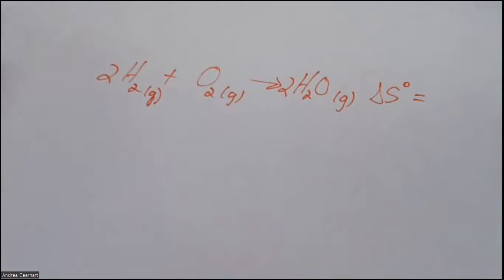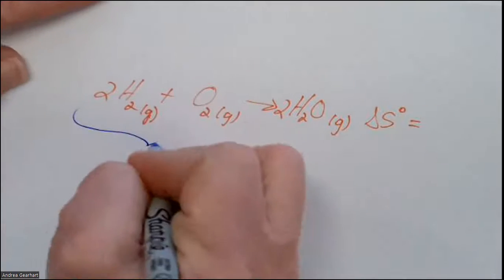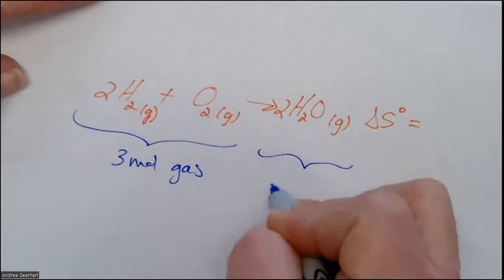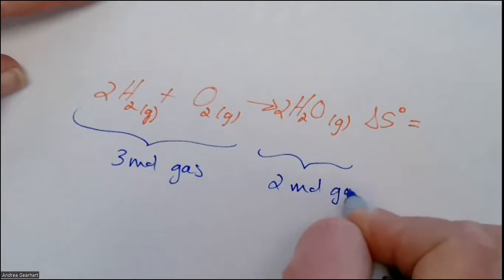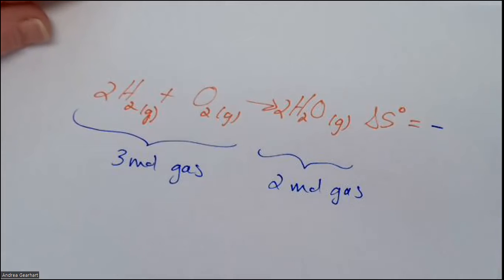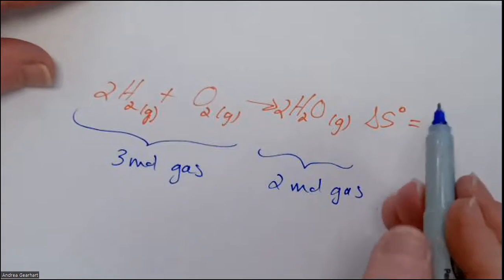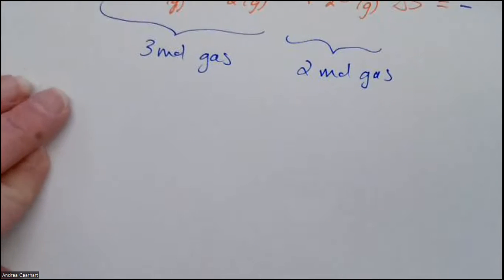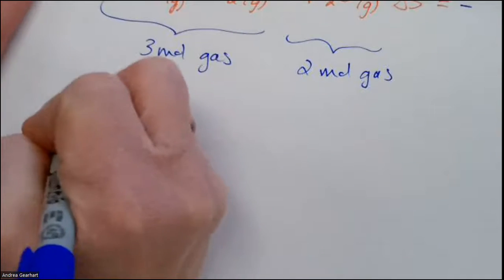Because you have 3 moles of that. Perfect. And so we're thinking this is going to decrease our entropy. So it is not experimentally favored thermodynamically as far as entropy goes. But let's calculate the value.